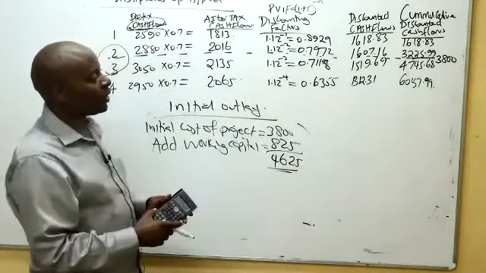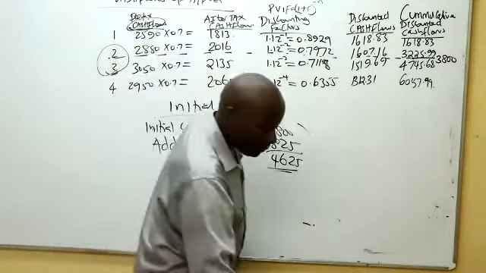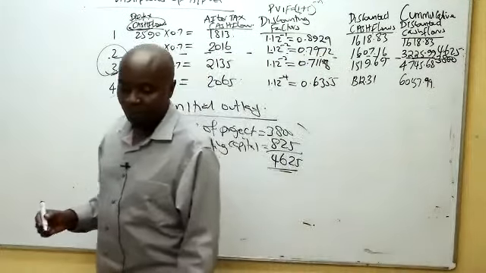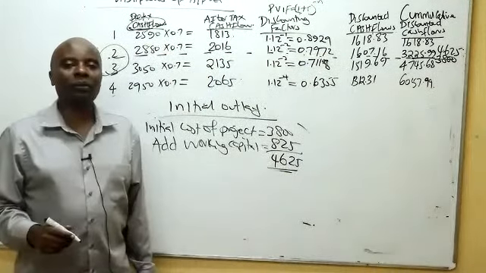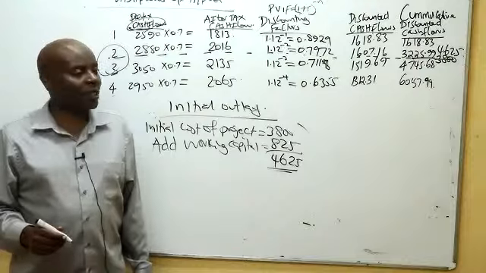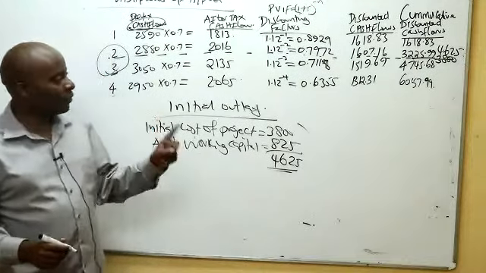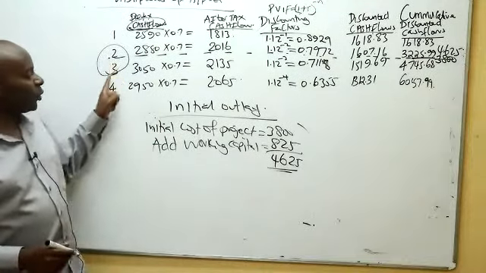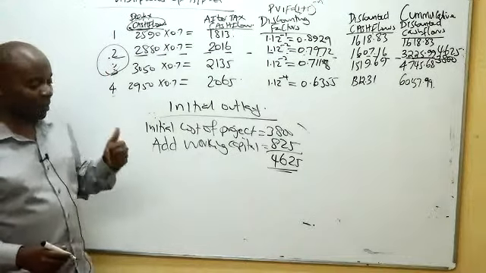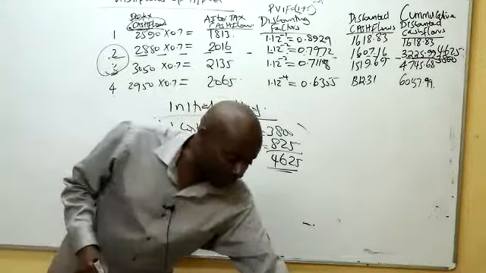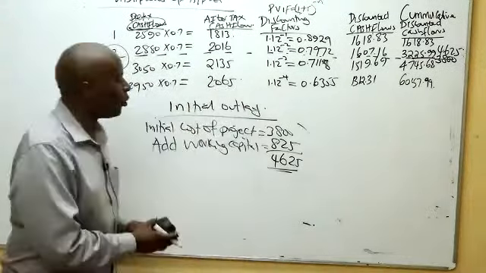So where does 4,625 fall? Still 4,625 falls in between years 2 and 3. So I would want to hear from somebody: what will be our payback period? Let's see whether there is anybody who will be able to get this very easily.